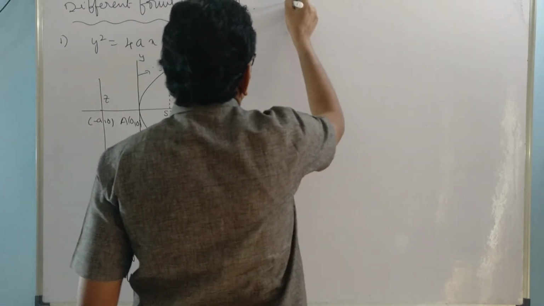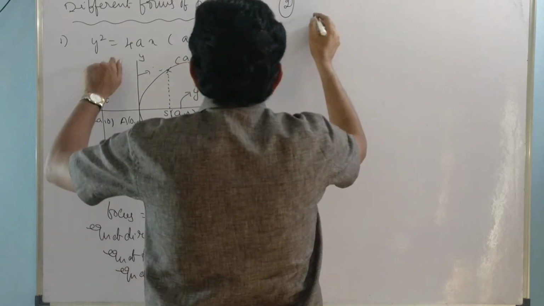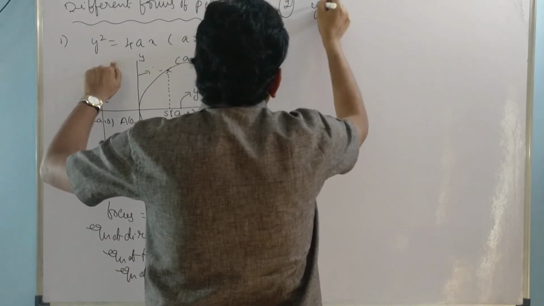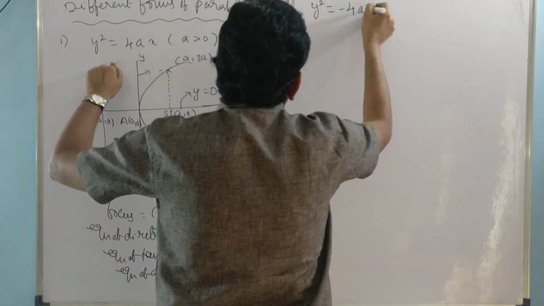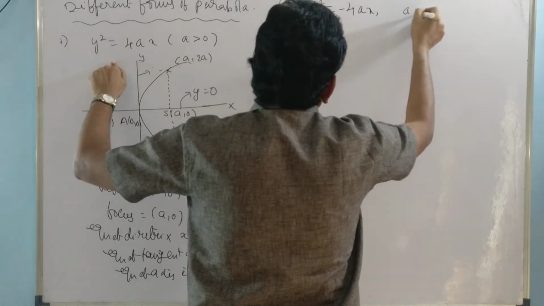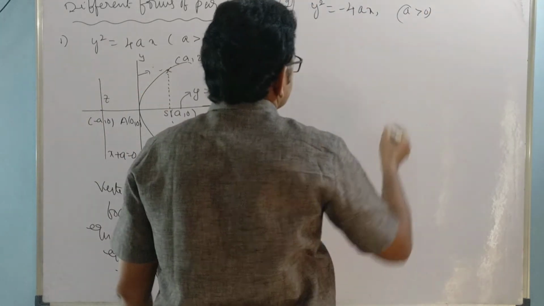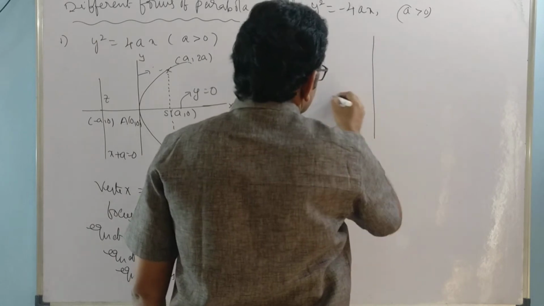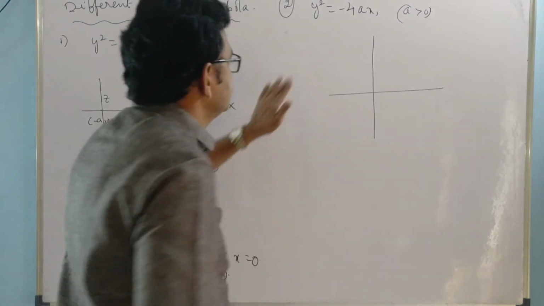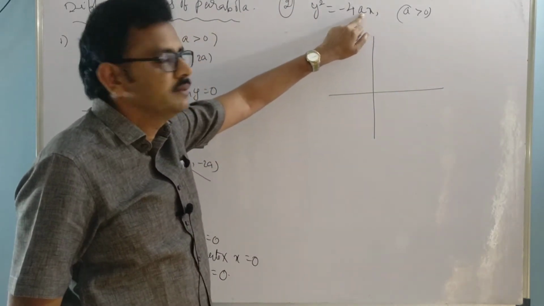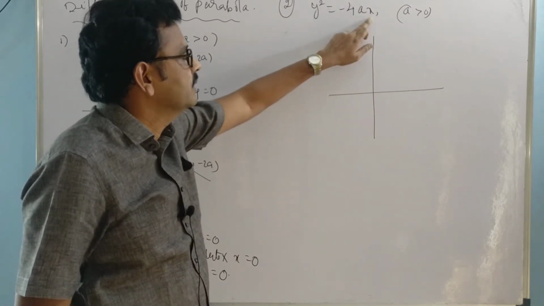Next one, type 2. In the equation of parabola, y square is equal to minus 4ax, where a is always positive. Suppose you take a equal to 1, then y square equal to minus 4x.